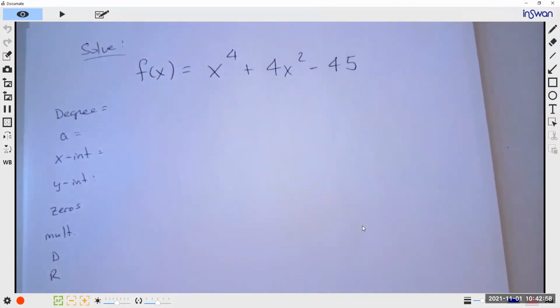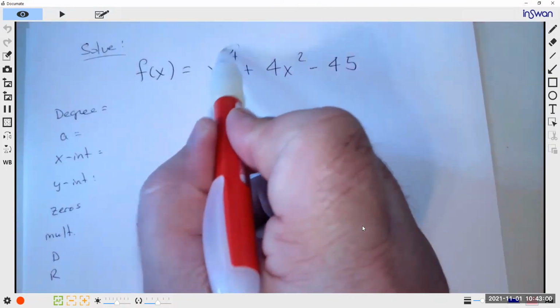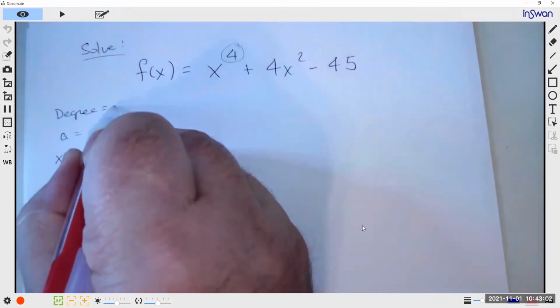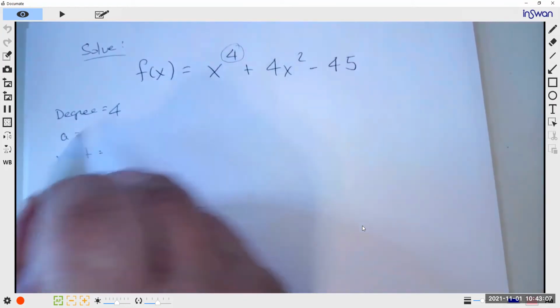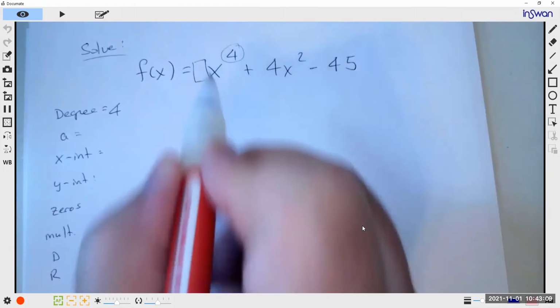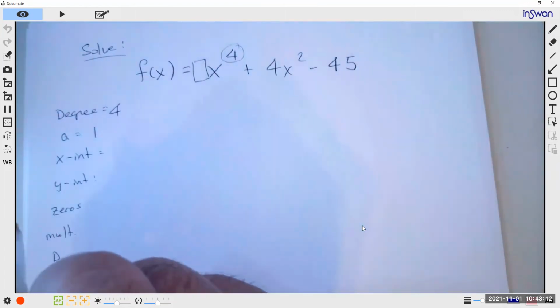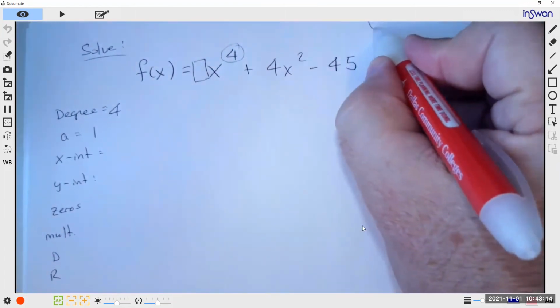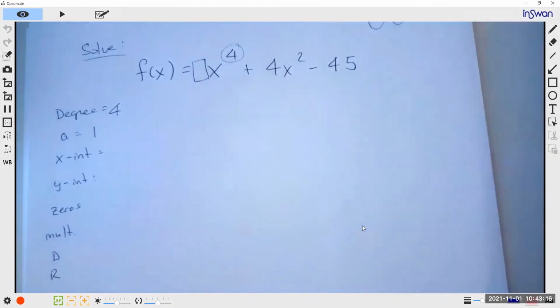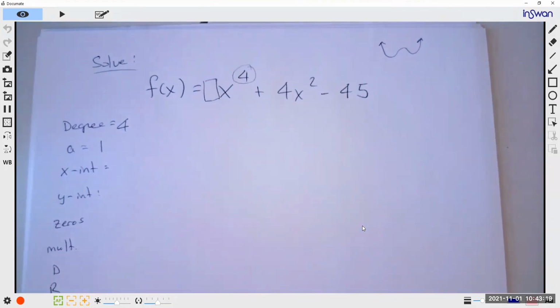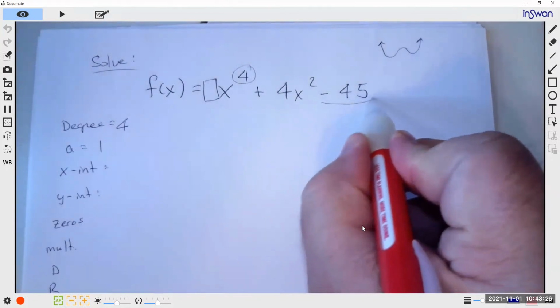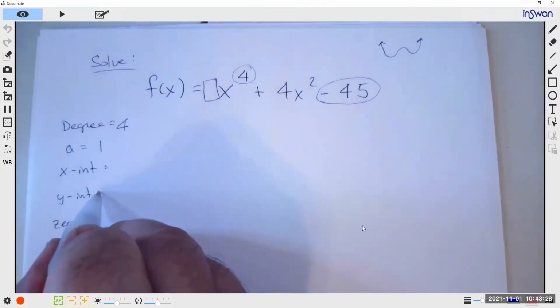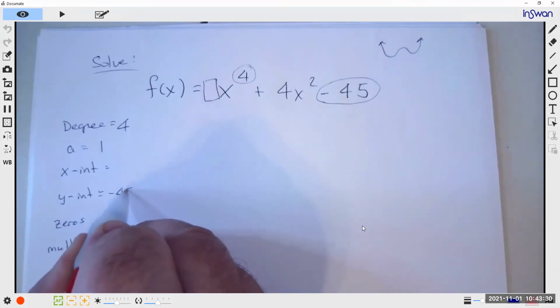So what's our degree? 4. Since our degree is 4 and our a, whatever's in front of that, our leading term, is 1, then we know our graph will look something like this. We know the y-intercept is at -45.